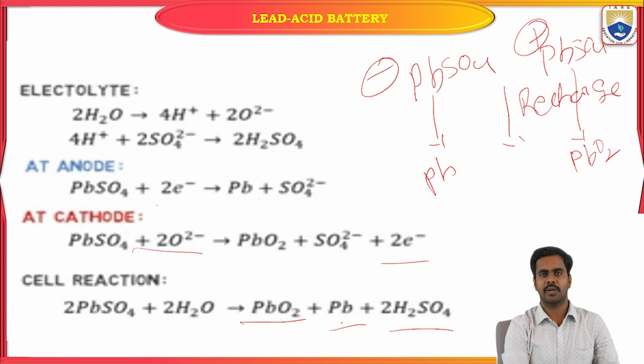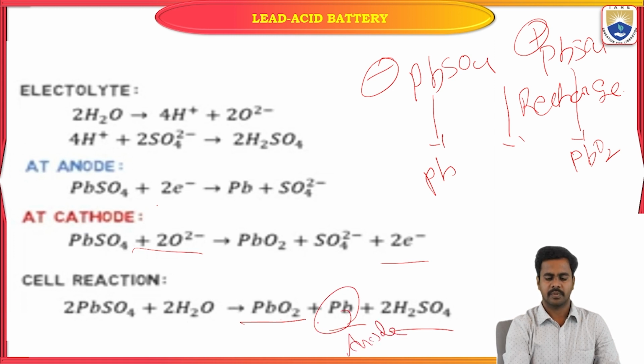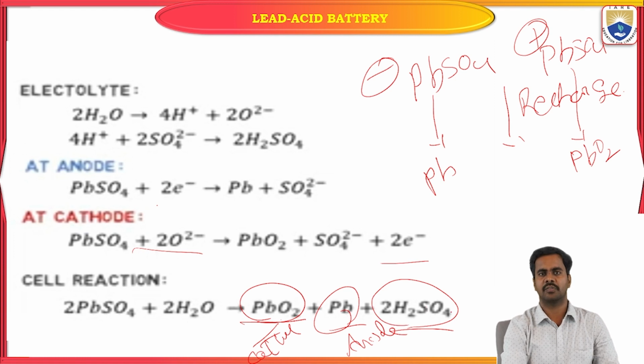Pb is deposited at the anode, and PbO2 is deposited at the cathode. And the concentration of H2SO4 in the battery will increase during the recharging process. So that is the recharging of a lead acid battery.